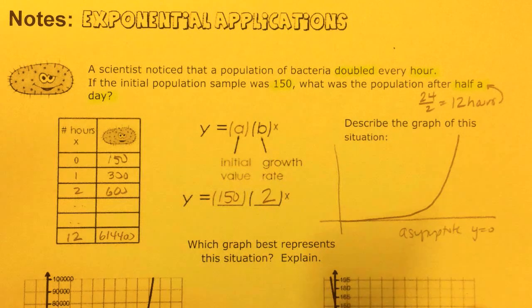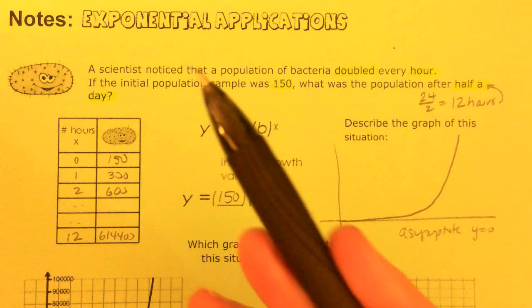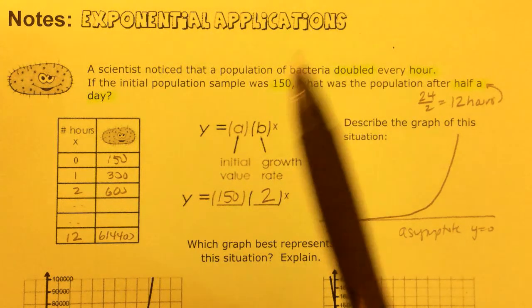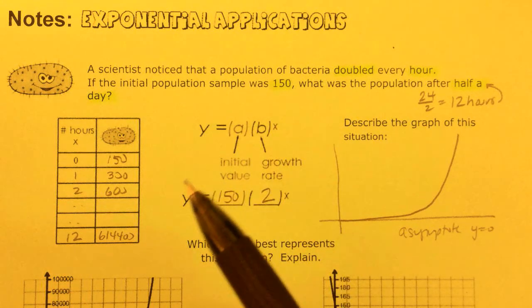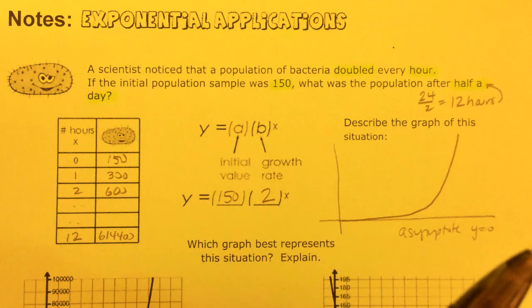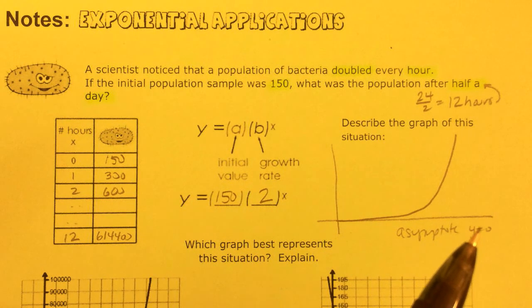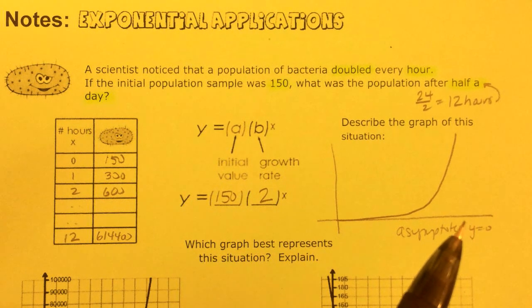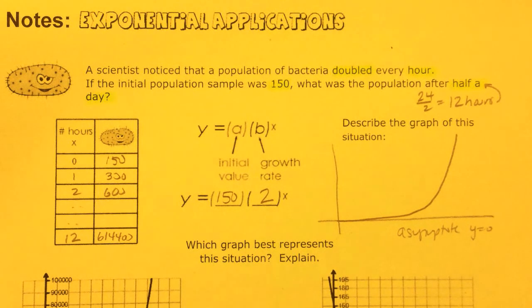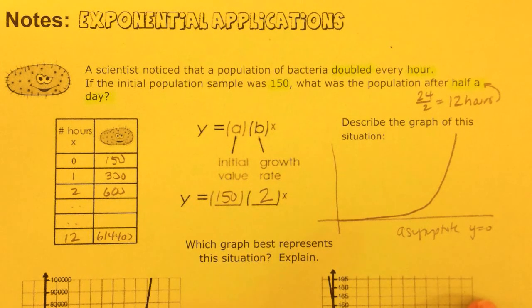I think you could go either way on this one, depending on how you think about it. It's not like they sit there and all of a sudden, poof, in an hour, I've got twice as many as I had. But they're only going to double. So this is just a tricky one. It's just kind of hard to think about. Some of them are more difficult. Notice they didn't ask you about discrete and continuous or domain and range, so maybe I shouldn't have gone there either. We can talk more about this one when I get back if you'd like to.